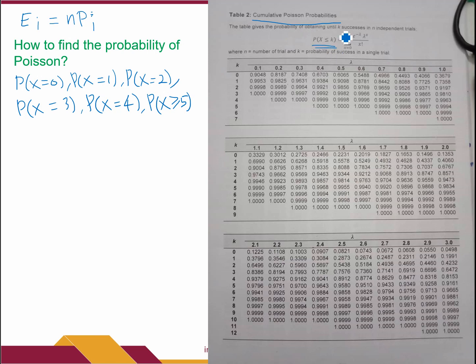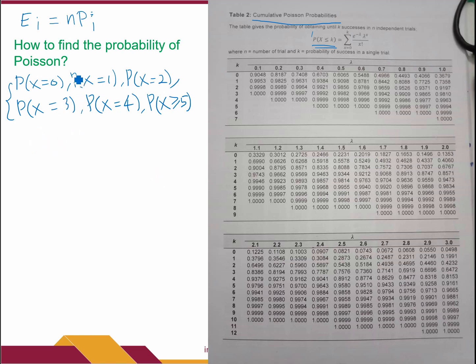The values that are given in this table are for the probability of Px less than equal to K. However, the probabilities that we want to find here, the symbol is not less than equal to K. The symbols is equal and more and equal to 5. So how to find this value? We have learned before in chapter 1. So I will recall again how to find this value.